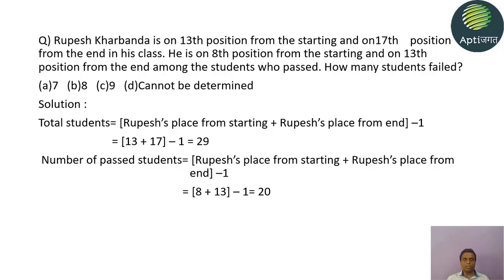What is the total number of students? Number of students passed plus number of students failed. We have two known and one unknown, so we can easily find the remaining one. 29 minus 20 is 9. So the answer is option C, 9.